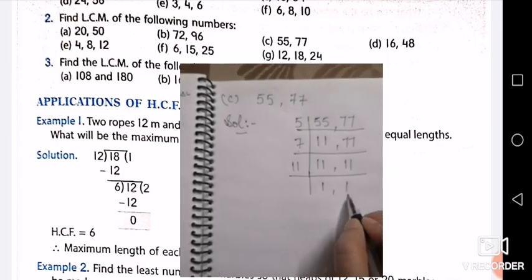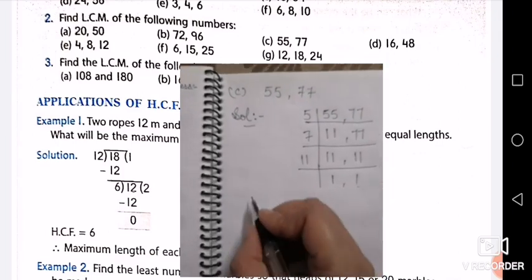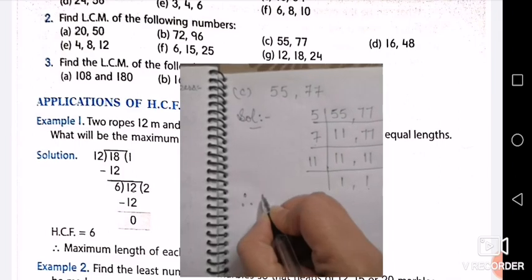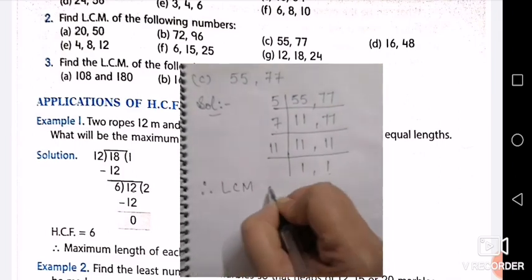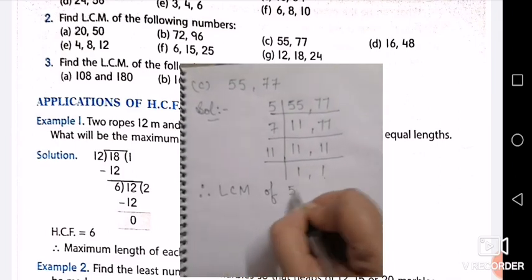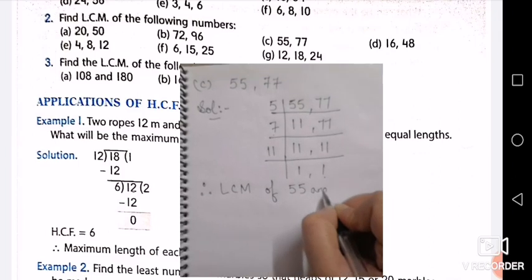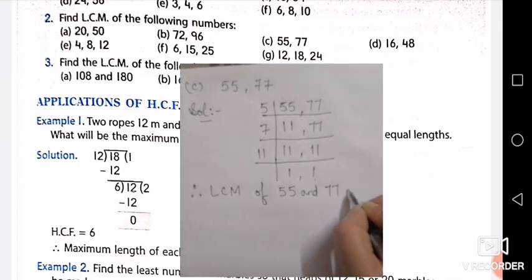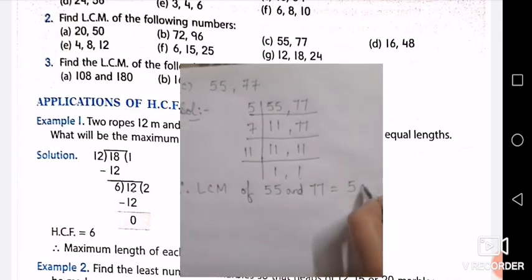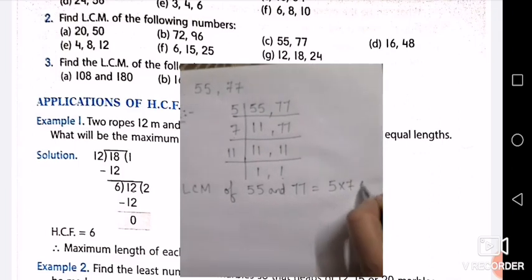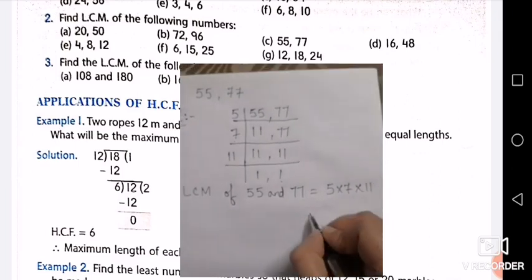We have got 1 as a quotient, and now we will write therefore LCM of 55 and 77 will be 5 multiplied by 7 multiplied by 11.